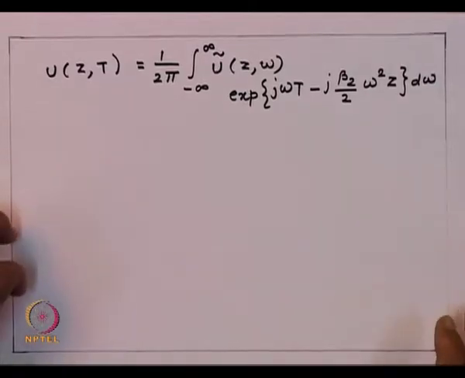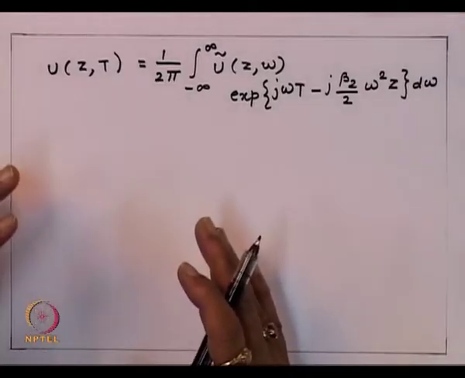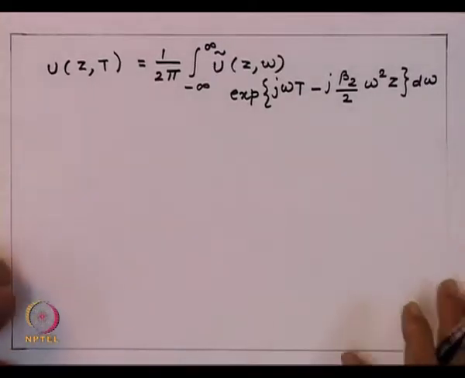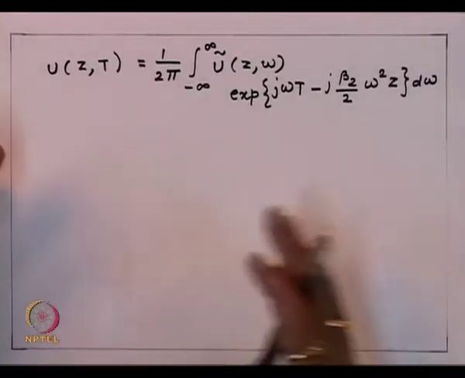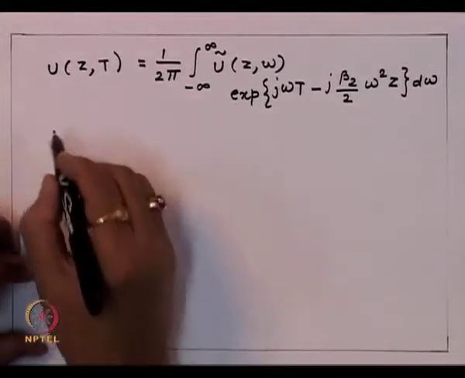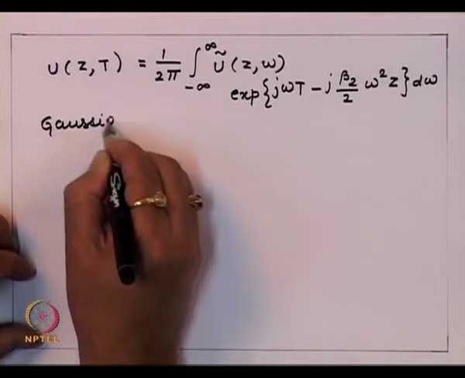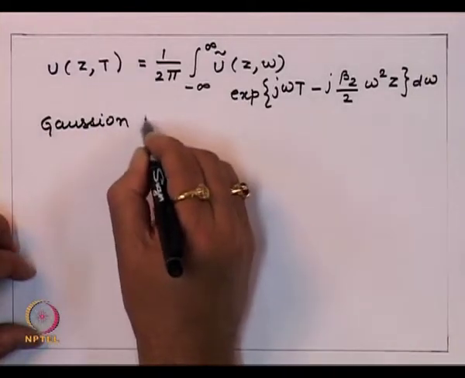So, what we are going to see here is the evolution of a pulse which is Gaussian in nature, because there we can get an expression where the visualization can be much better. So, let us consider now that the pulse which we launch inside the optical fiber is Gaussian.